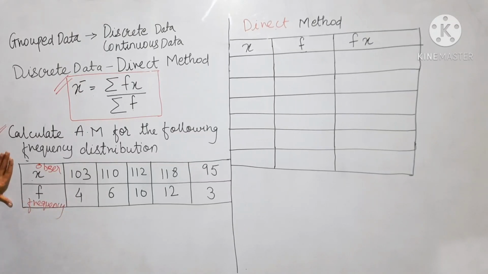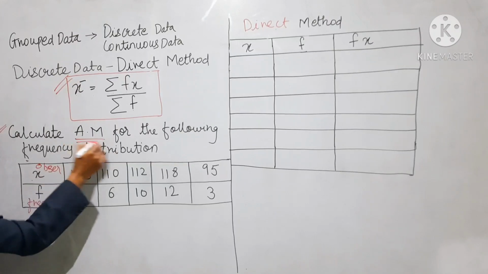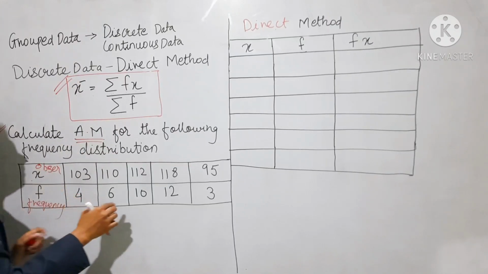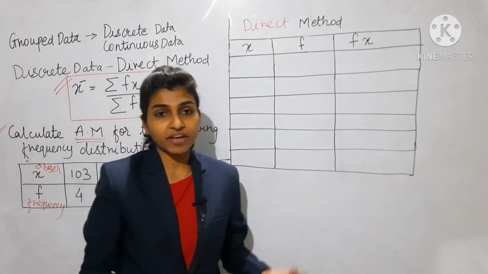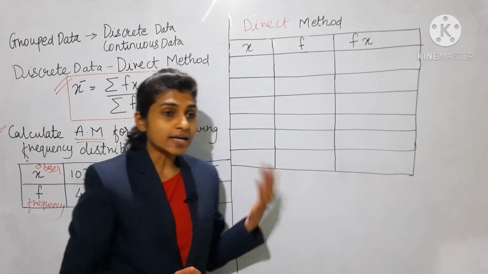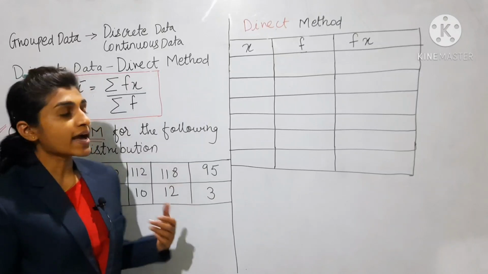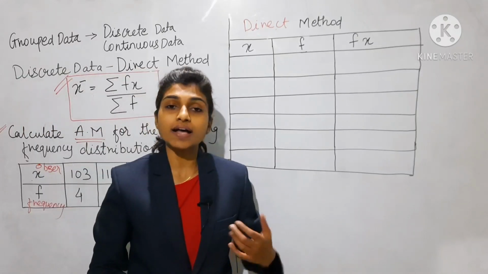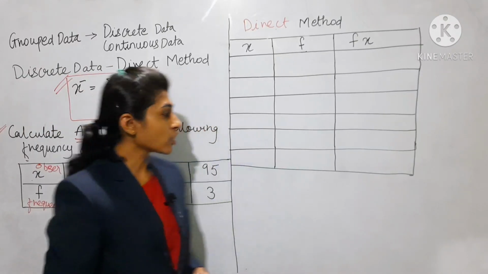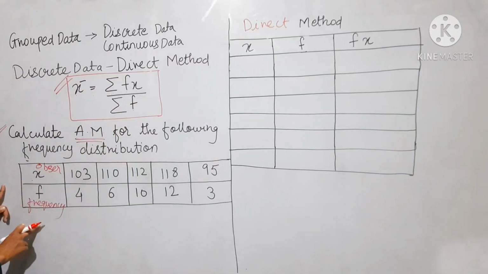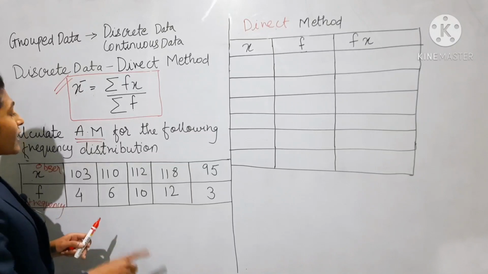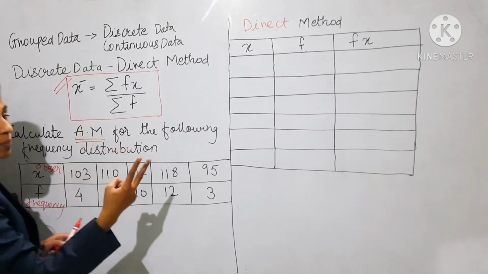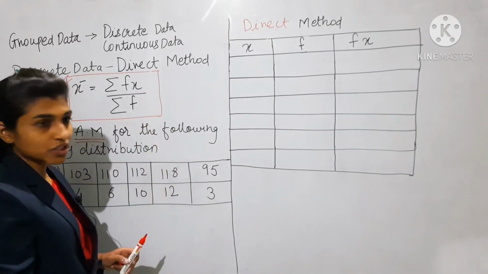So this is the data, this is the frequency distribution, and we have to calculate arithmetic mean by direct method as well as by deviation method. The answer by direct method and by deviation method will come the same, because we are going to take this example only, and from this example we are going to calculate arithmetic mean by two methods, direct method and deviation method.